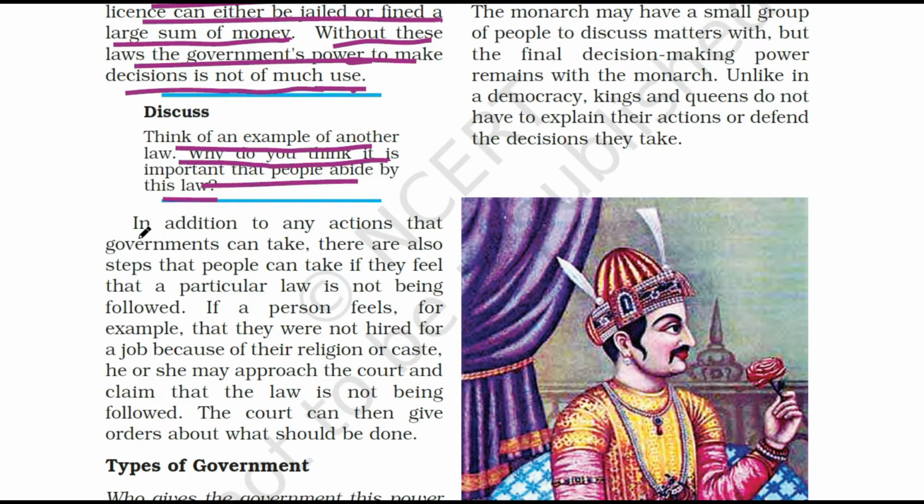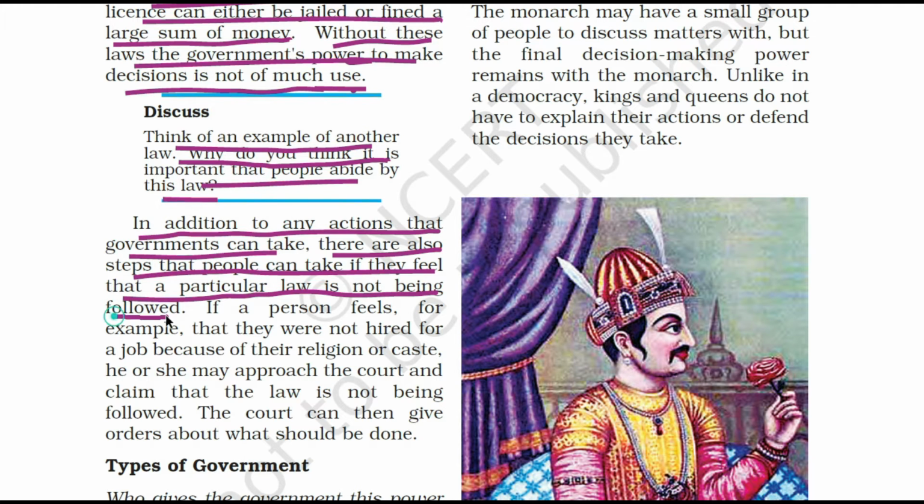In addition to any actions that the governments can take, there are also steps that people can take if they feel that a particular law is not being followed. If the government makes a law and sees that people are not following it, it can take steps to see how that law can be implemented better.